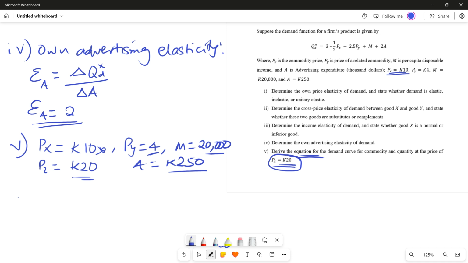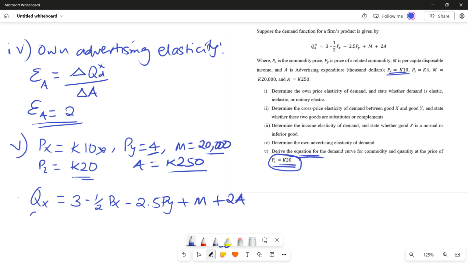We know that qx has been given to be equal to 3 minus half px minus 2.5 py plus m plus 2a.